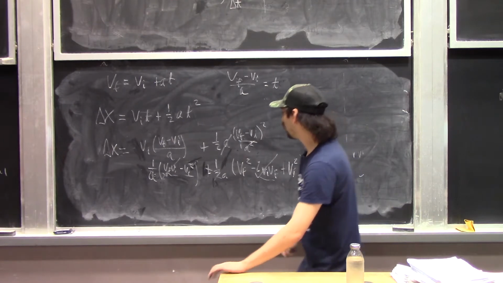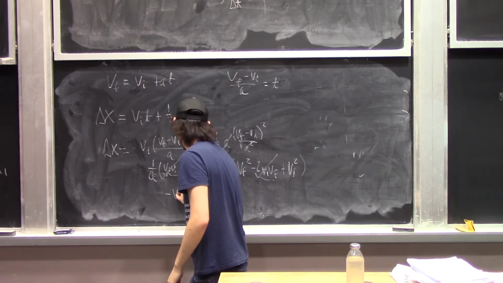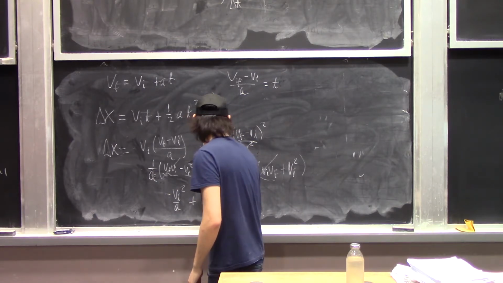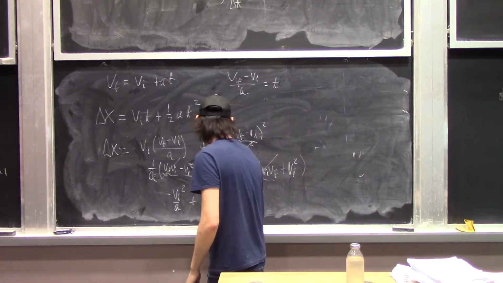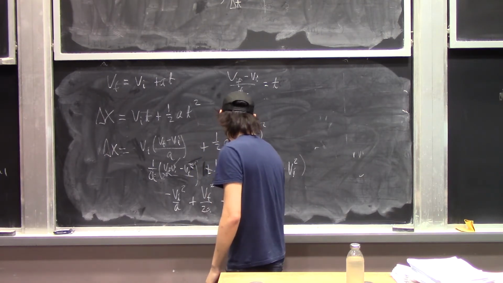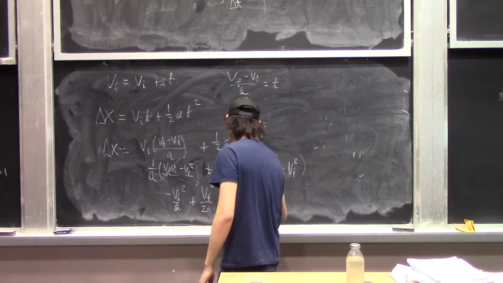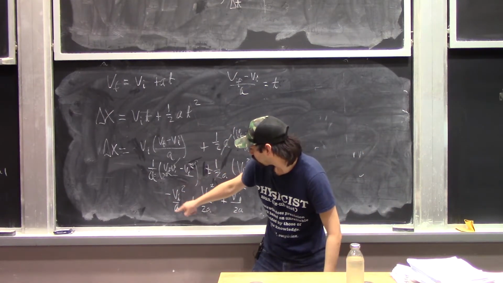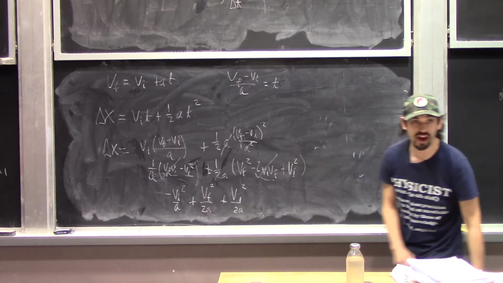Then what I have is minus VI squared over A plus VF squared over 2A plus VI squared over 2A. So really, this right here is the same thing as this, barring a factor of 2.